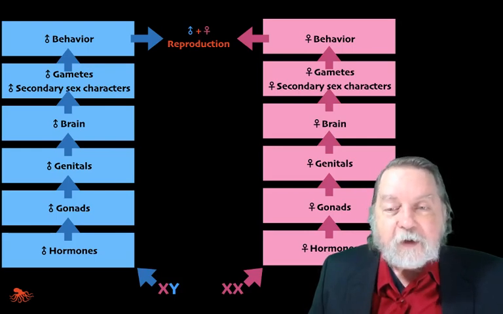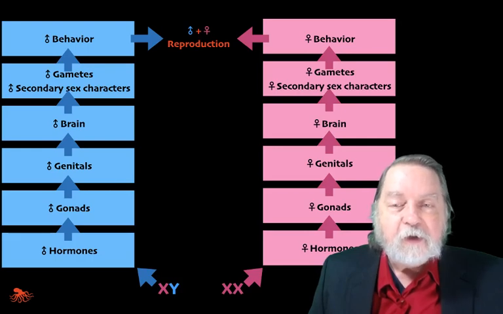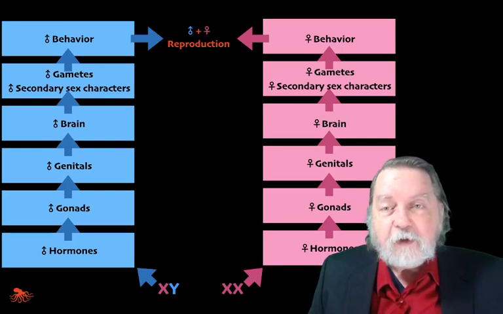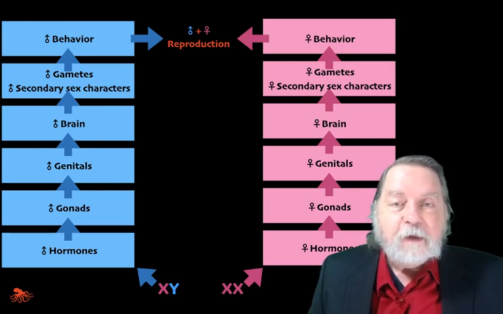If you get a Y chromosome, that triggers hormones, it triggers gonads, it triggers the development of genitals that change the development of the brain in presumably profound ways, that lead in adolescence to the formation of gametes and secondary sex characters, and ultimately to good straight sexual behavior.